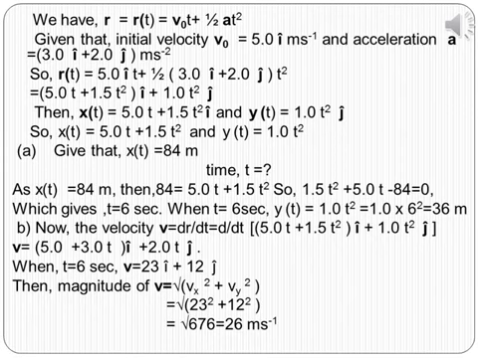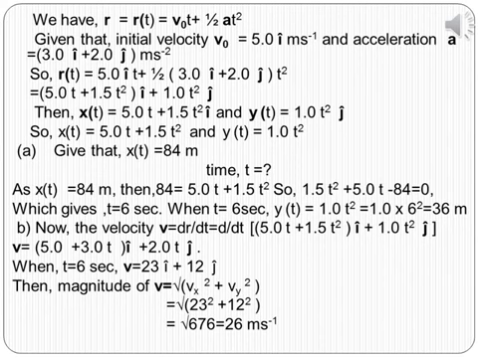Then the x component of the position vector r(t), which is x(t), is equal to 5t plus 1.5 t square, and y(t) is equal to 1 t square.